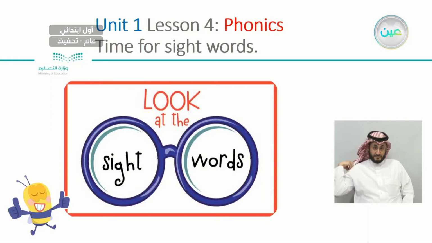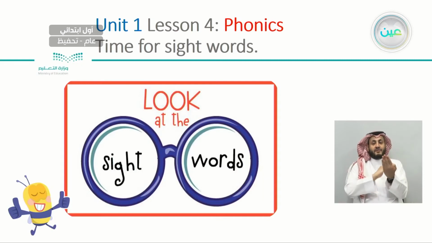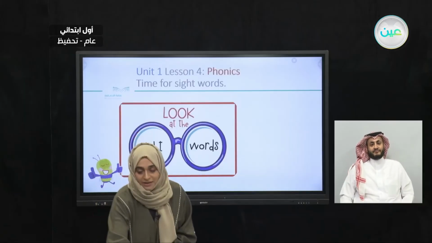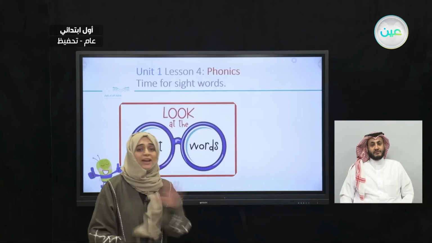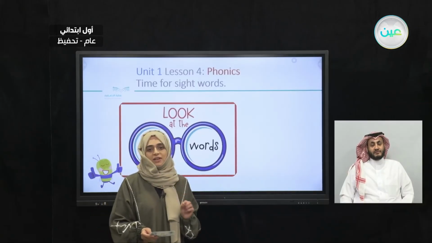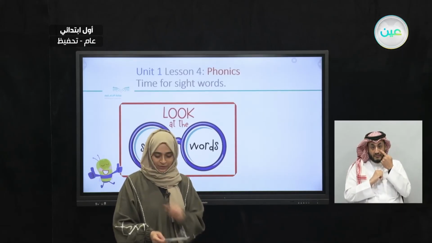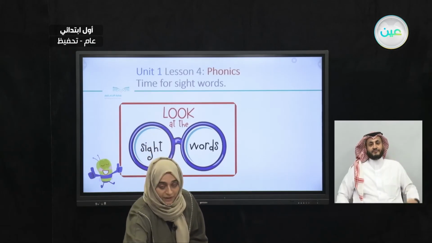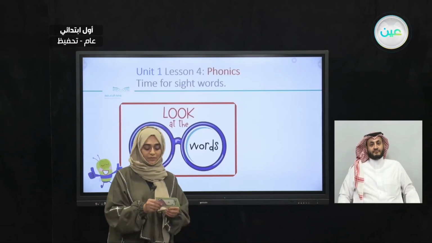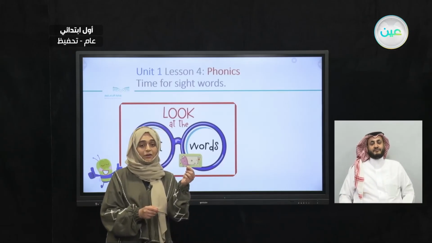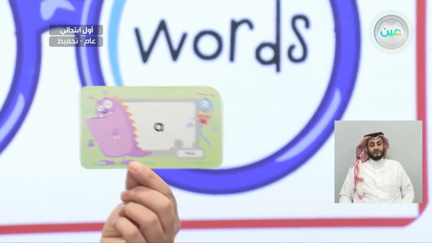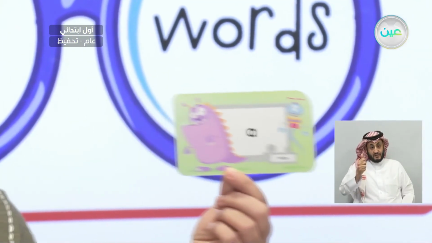Time for sight words. Okay, again, sight words are words that we see and read without paying too much attention to the letters. Once we look at the sight words, we know what they are. Okay, this one is a little tricky. Did you know that the letter A, if it's in a sentence, it's a word?